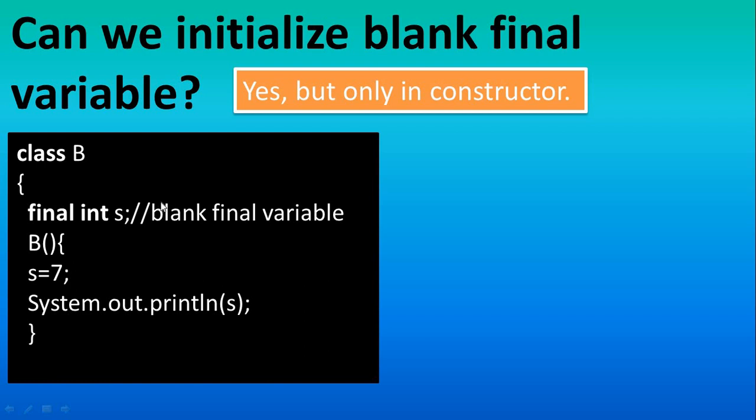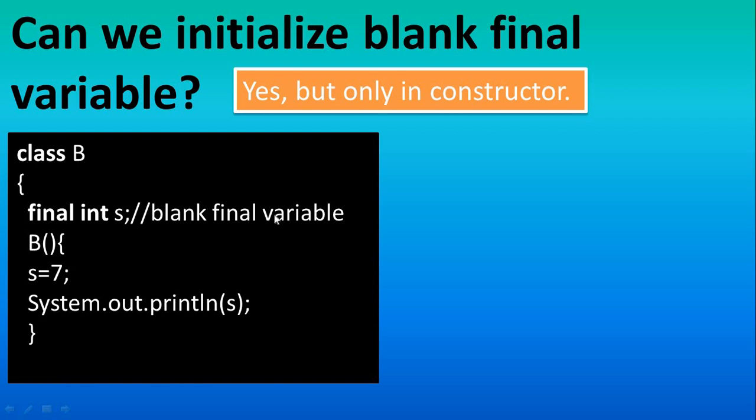In case we have the blank final variable, then by using a simple method we cannot initialize. You have to use constructor in the program. That is the property of final. Generally, whenever we have a final variable we set the initial value, but in rare cases if you are not setting it, then you have to use constructor for setting the initial value to the final variable.